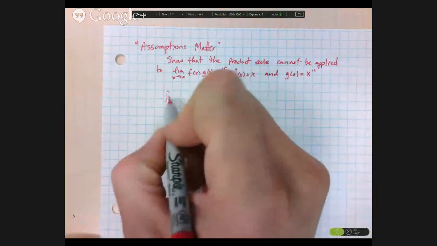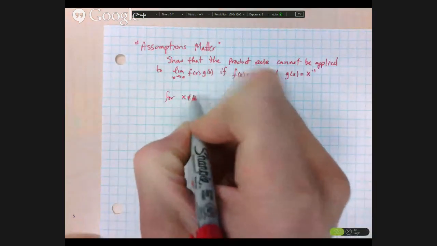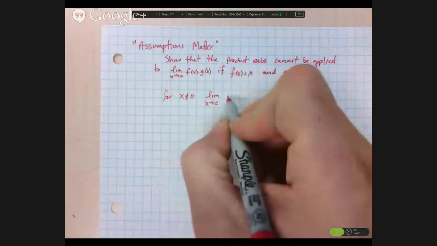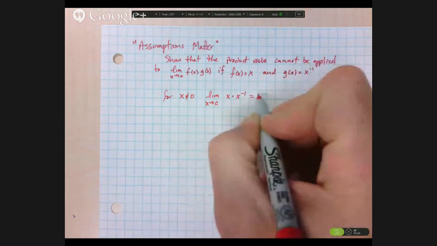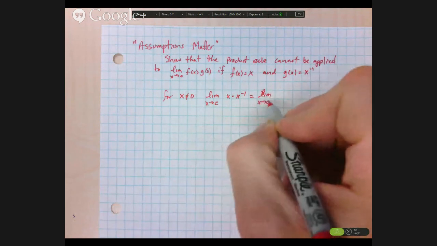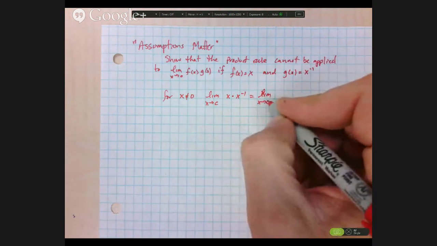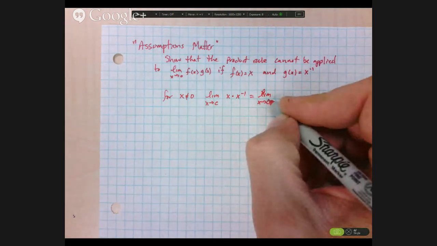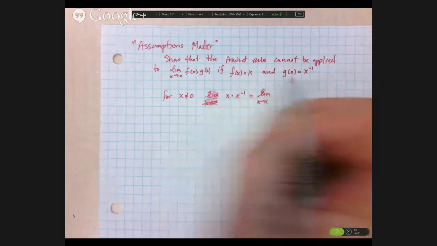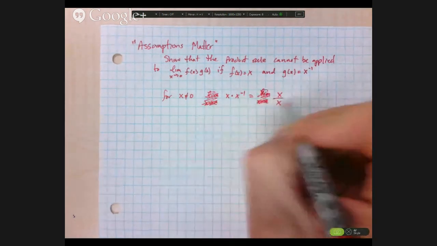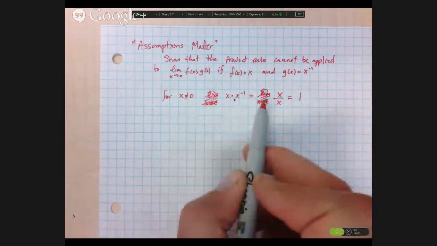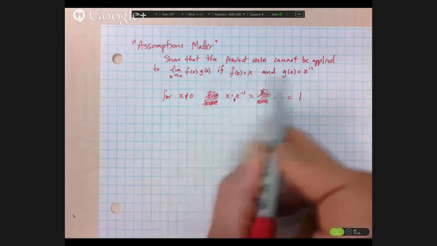So we're going to show, okay, for x not equal to 0, let's do this first. For x not 0, we know that x times x to the negative first, so we're multiplying the functions together, is 1.